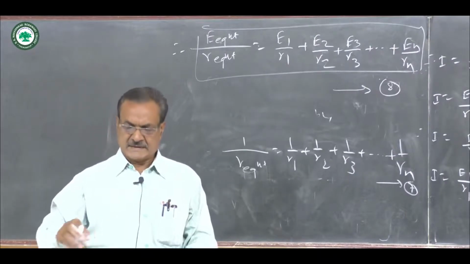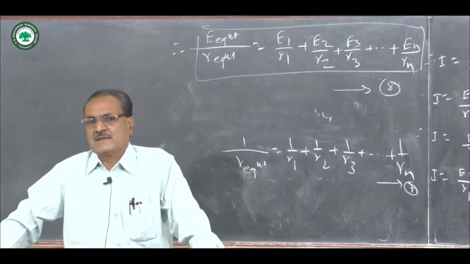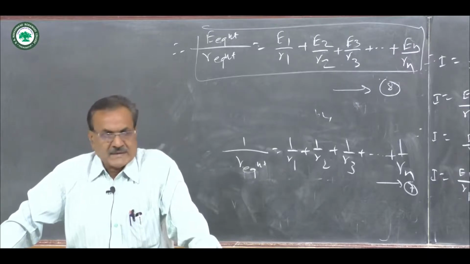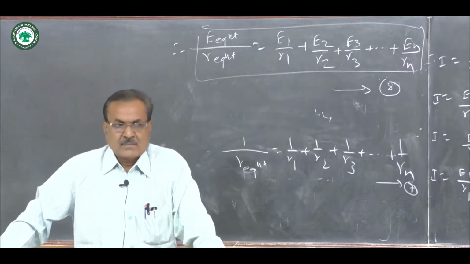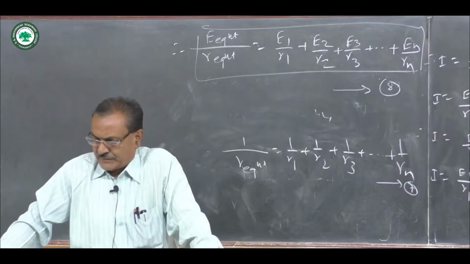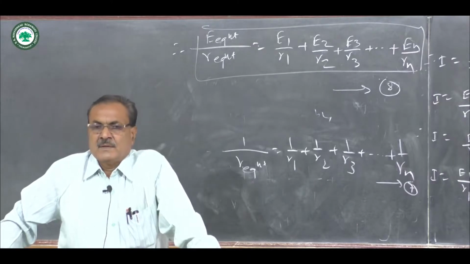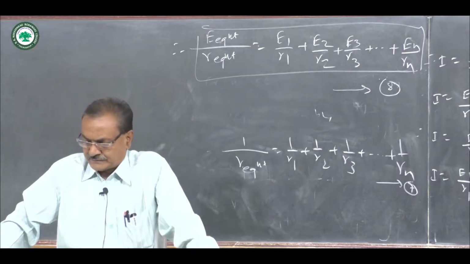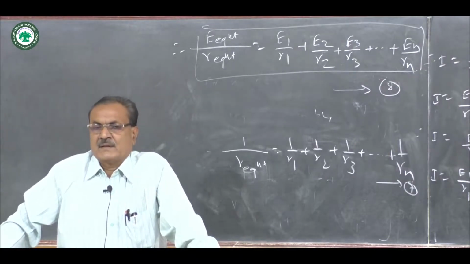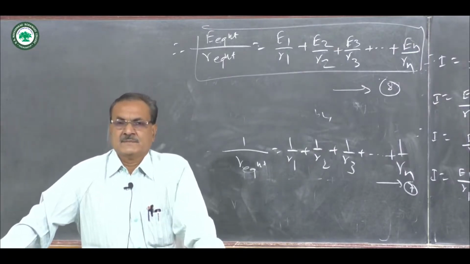When cells are arranged in parallel combination, they have some advantages as well as disadvantages. In the first point, advantages of cells in parallel: if cells are connected in parallel and one of the cells gets damaged, then the voltage developed across the combination does not break, that is, the circuit will not break or open, even if one of the cells is damaged.